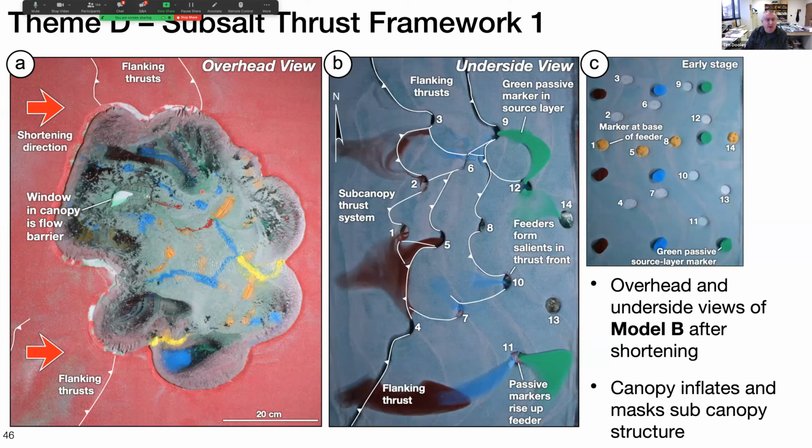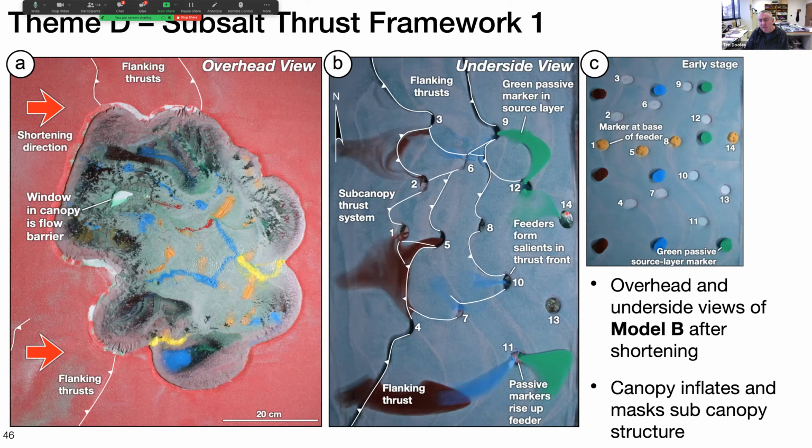All you see from overhead is three or four flanking reverse faults out here, but you don't see an awful lot in the canopy system. But then when you have a look at the underside after shortening, there's a whole system of thrust and thrust tear faults that hook up all these structures on here.